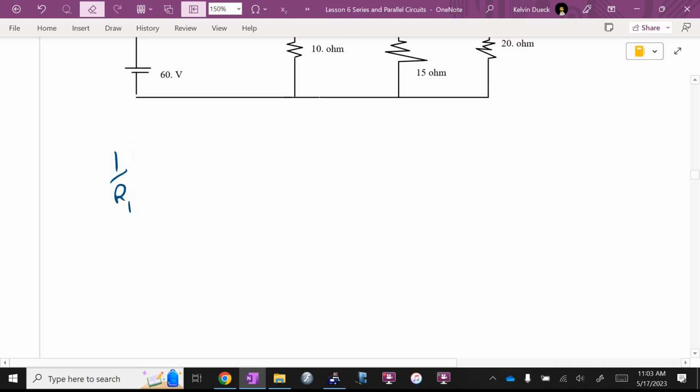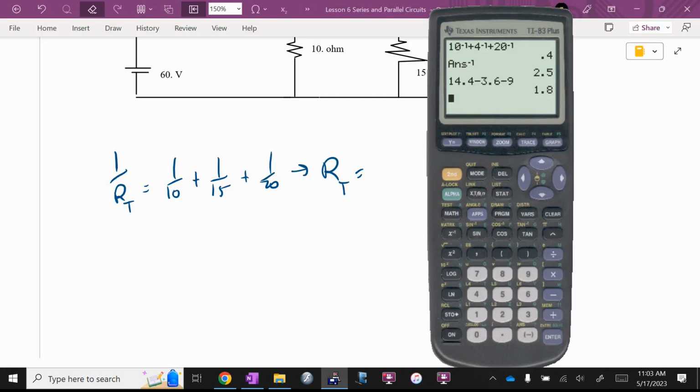1 over R total is going to be 1 over 10 plus 1 over 15 plus 1 over 20 on your calculator. I get 4.6153.